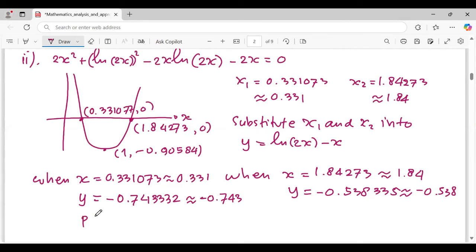So coordinate point P is (0.331, minus 0.743), while coordinate point Q is (1.84, minus 0.538).